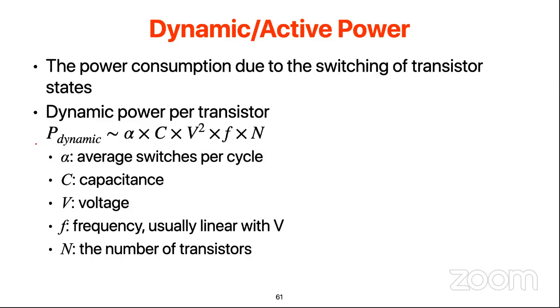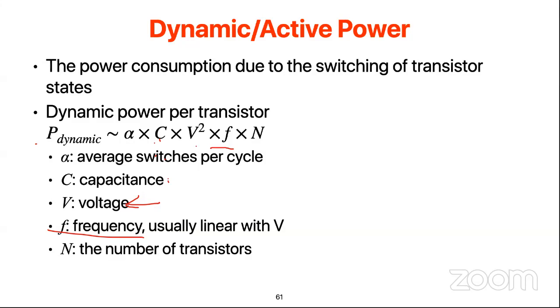The dynamic power is calculated this way: alpha is the average switches per cycle, C is the capacitance of your circuit, so the more transistors you have, the larger C is, V is the supply voltage of your circuit, and f is the clock rate of your design, and usually it's linear with voltage.